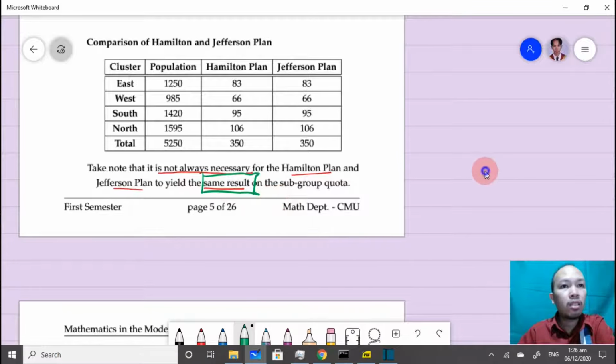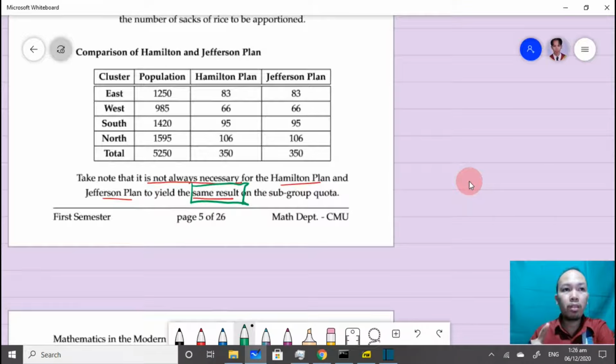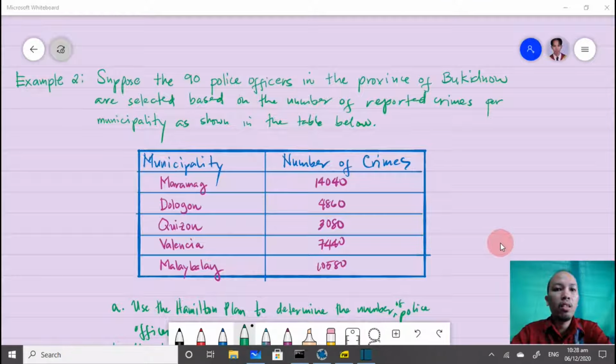So maybe I can give one example where they have a different table. I'm going to pause now and come back later to write the example. This is the promised example, where the table for the Hamilton plan and the Jefferson plan differs.